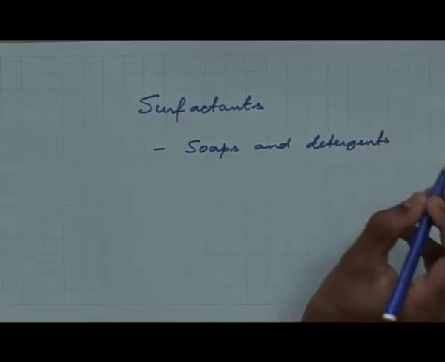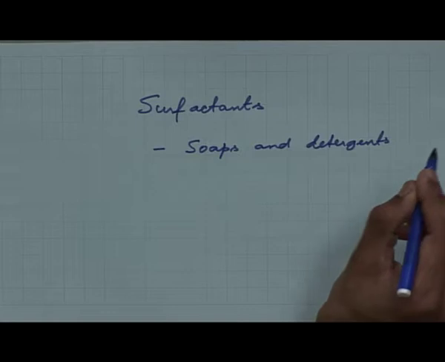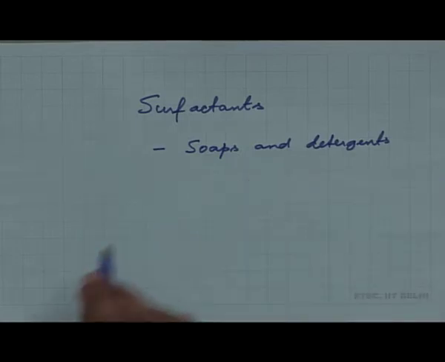They are surface active agents or surfactants, and this is something where surface activity and surface chemistry is relevant in everyday life. And we will look at some of the properties of surfactants and how they work in the rest of the time for today.